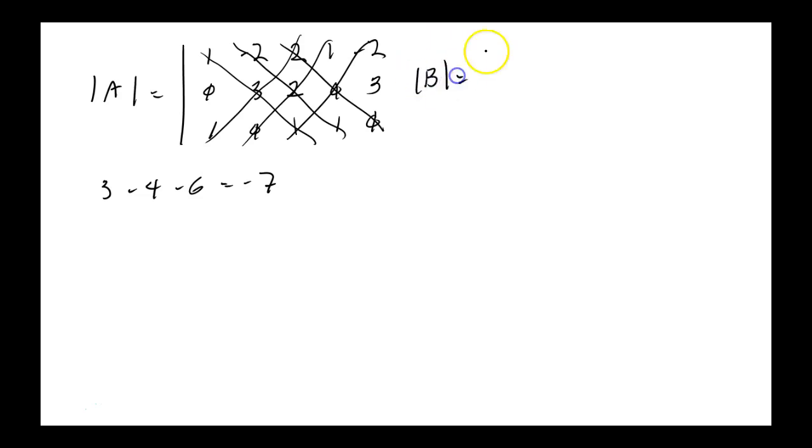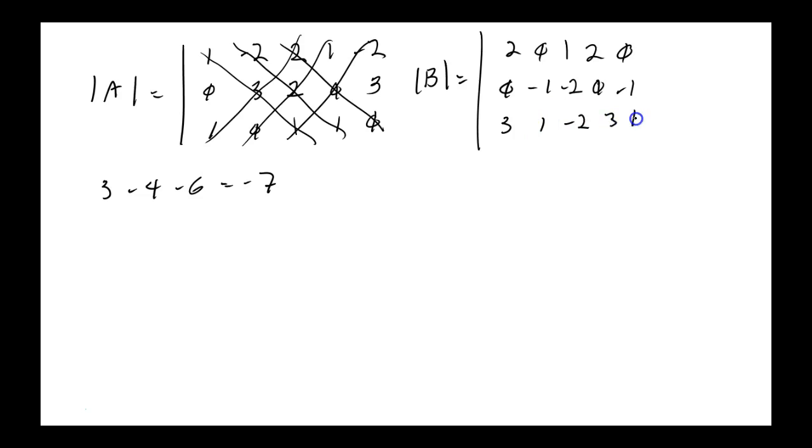I won't write down B except in its determinant form, just saving some space. 2, 0, 1, and I'm going to expand it: 2, 0; 0, negative 1, negative 2; 0, negative 1; and 3, 1, negative 2; 3, 1, negative 2; and a 3, 1.